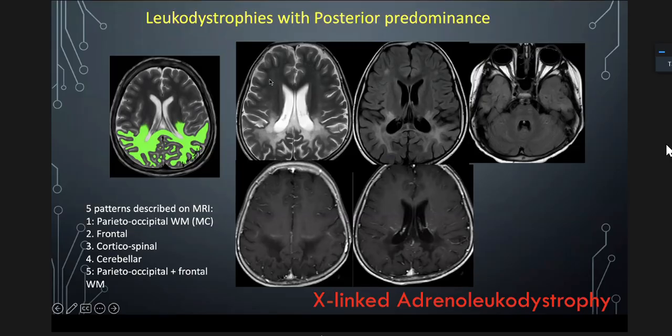Then we also have the frontal pattern, which is exactly the reverse of this. The corticospinal pattern will be seen usually in older children where only the corticospinal tracts will be involved. There can be only cerebellum involvement, or there can be parieto-occipital plus frontal white matter involvement.